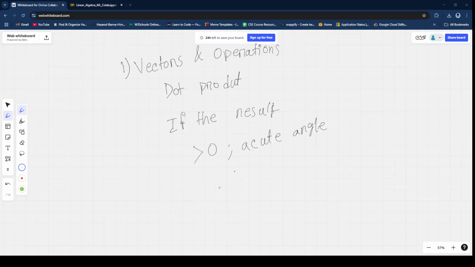If the result is equal to 0, it is orthogonal, or perpendicular to one another. And if it's smaller than 0, it is an obtuse angle. So that was our dot product.